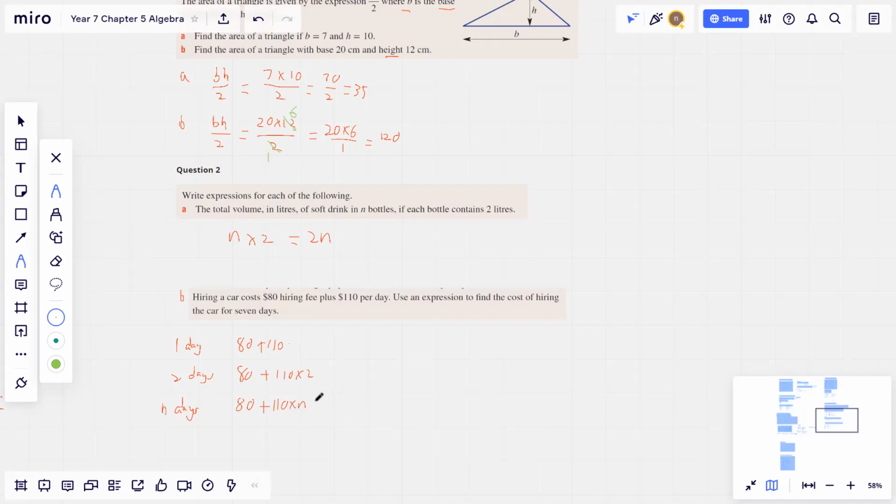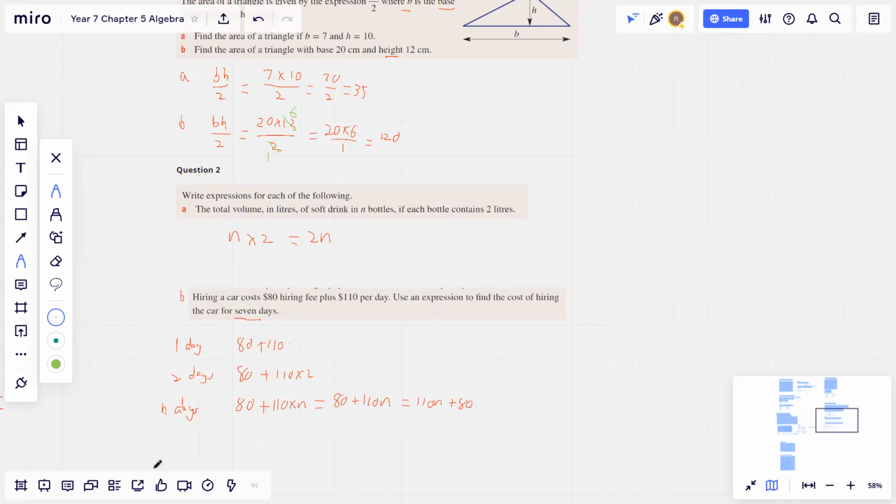So you can write the expression as 80 plus 110n, or you can also write it as 110n plus 80. Both answers are correct.